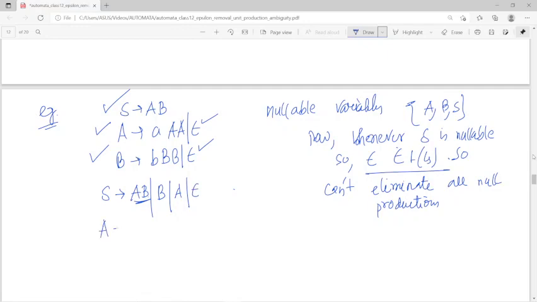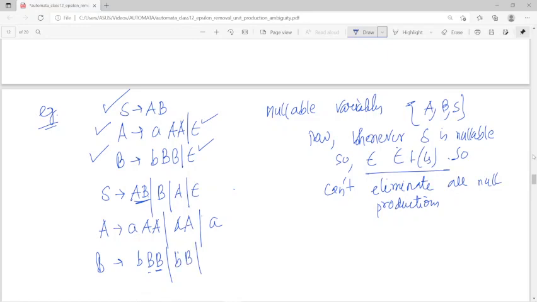Now from A, this is AAA, we have to keep it, and then in place of A, if we place epsilon, we get this, and in place of two A's, if we place two epsilons, then we will get A. So this is the rule. And from B also, this is BBB, that remains. In place of this B, if we place one epsilon, then this is BB.